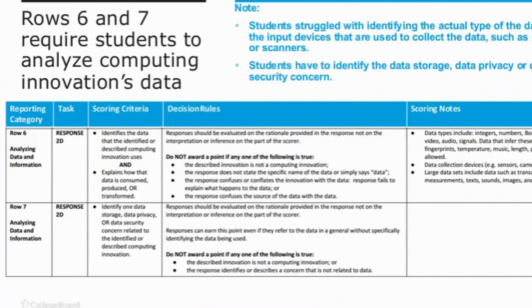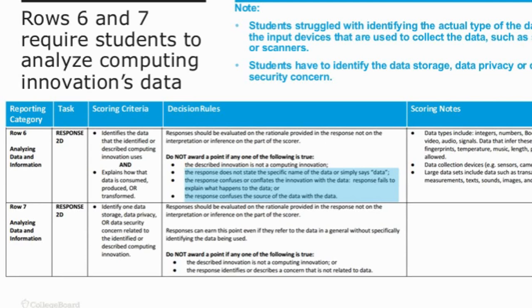Okay, and then rows 6 and 7 have to do with the data. These are similar. Some things that people confused, they wanted to say some general things about data. So they wanted to say how the data was collected. They said, oh, the data is sensor data coming from sensors.